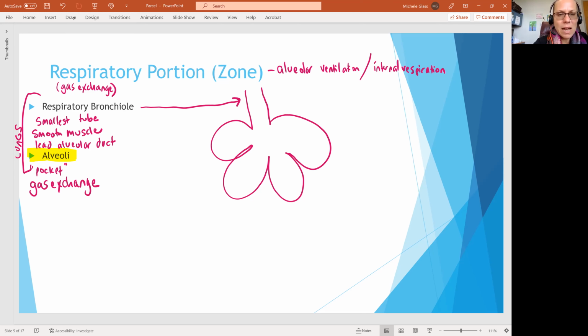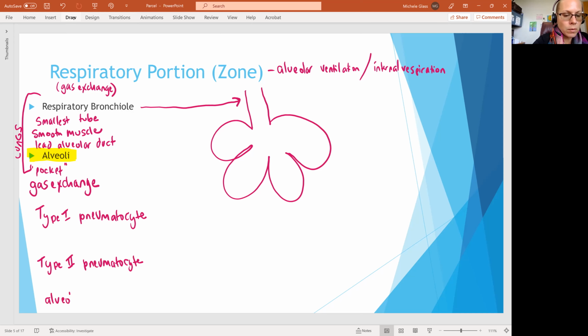Now, when we talk about the alveoli, we will see that they're composed of 3 important types of cells. So we have a type 1 pneumatocyte, we have a type 2 pneumatocyte, and we have an alveolar macrophage.